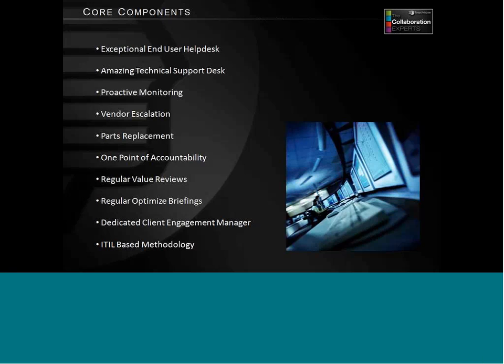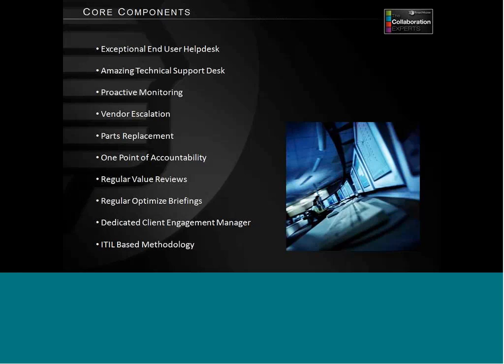The third area is proactive monitoring, and whilst this is very common in networking technology, it is not as common in UC and contact center technology, but we see it as an essential tool to deliver the maximum uptime possible.